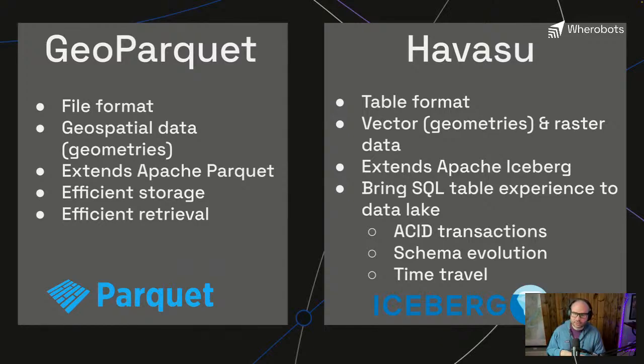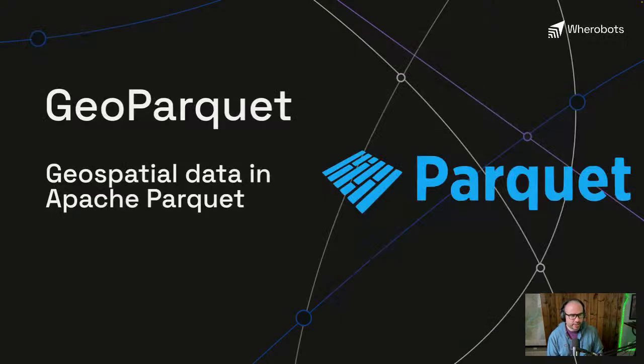Really, I think the goal of Iceberg is just to simplify and hide a lot of the aspects of working with a data lake, where we're not thinking about how we are managing our partitions in our Parquet files. Really, we're just thinking about working with SQL tables. So those are the two things we're going to talk about today.